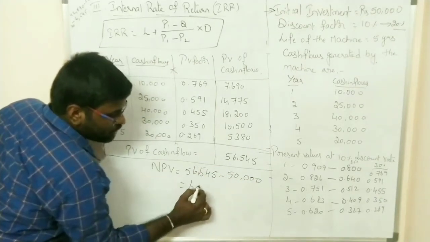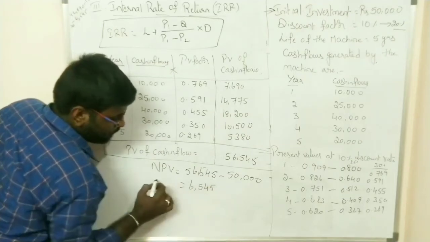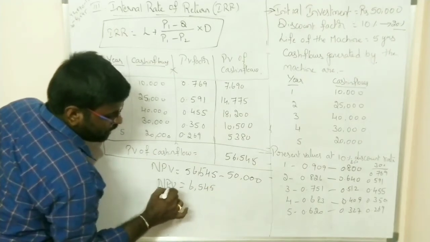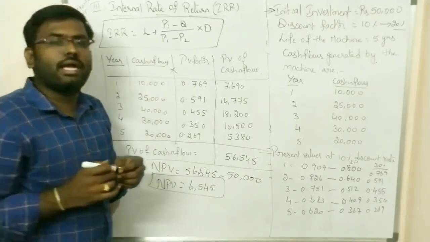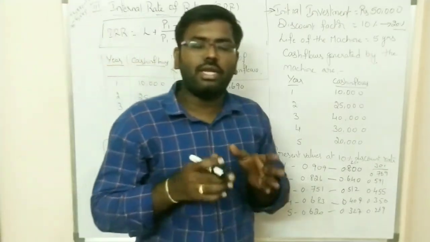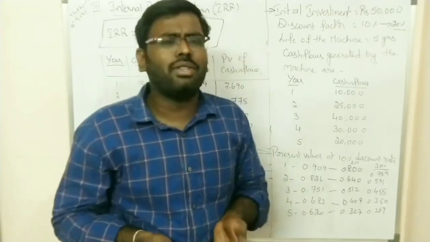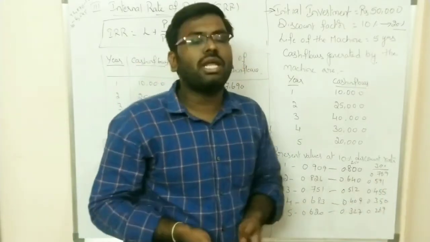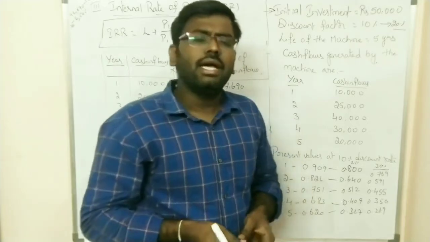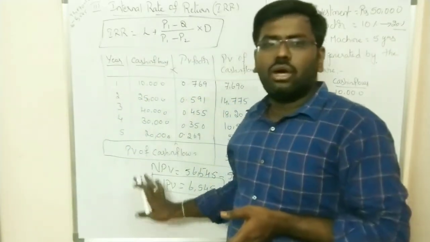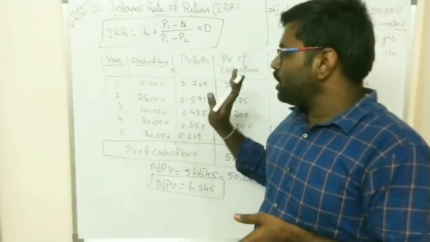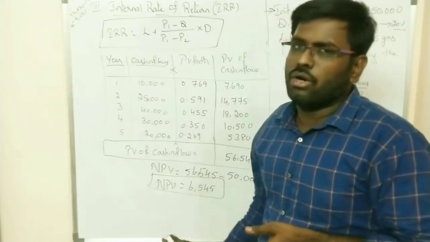So you will get a positive NPV of 6,545 at the 30% discount rate also. So I have tried 10%, 15%, 20%, 25% and 30%. Even at 30%, I am getting the NPV as a positive value. So I am stopping the increase of the discount rate here.